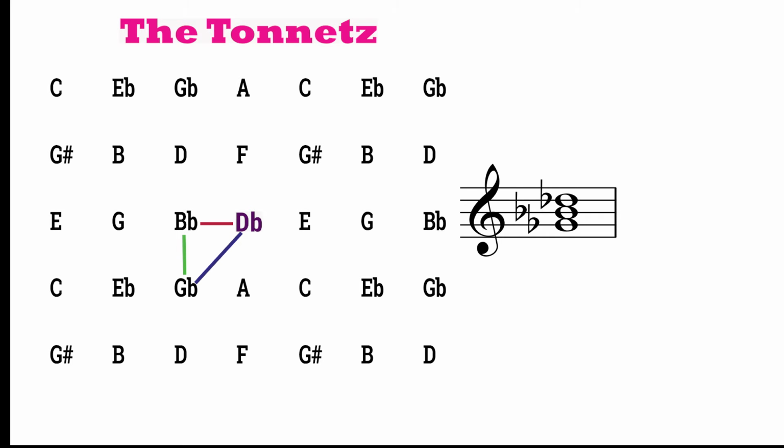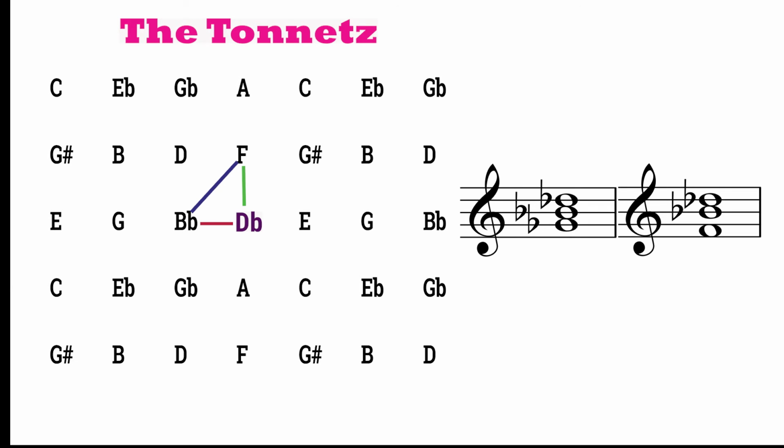Push pause and see if you come up with the right answer. By moving the two other sides and keeping the red line or horizontal line constant, we've created a new triad, a B-flat minor triad. We call it an L or leading tone transformation because the voice that moves is the leading tone to the major chord.